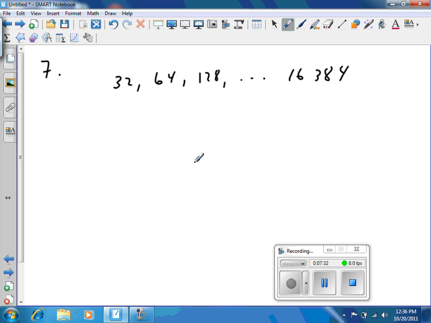The first thing you would want to do is that you cannot use any of the theory unless you are sure that you have a geometric sequence. So you better decide what kind of sequence you have. It looks like we're multiplying by 2. So yes, this is geometric. Once you know it's geometric, you can use the geometric sequence formulas.